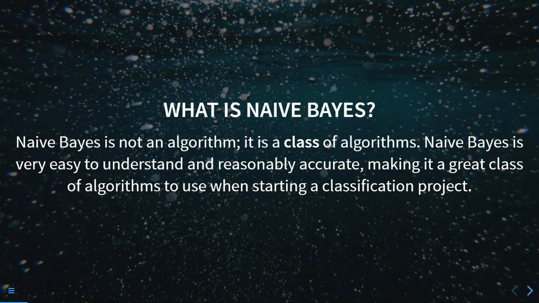This is a really good concept for developers to know and for data scientists to know because it's quite easy to understand. It's reasonably accurate, does a pretty good job of things. So when you're working on a classification project, this is a great starting point. This is what I would call a first step model.